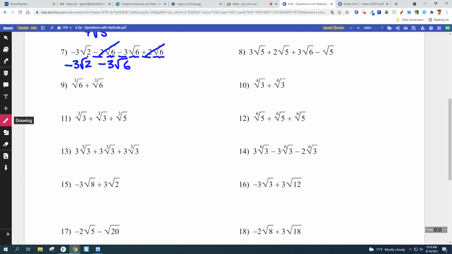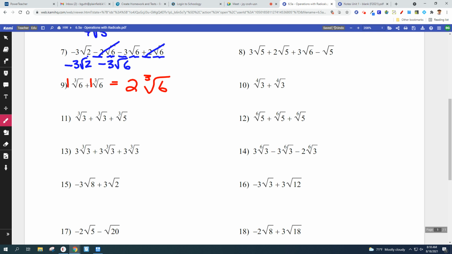Now, you've got cube root of 6 plus cube root of 6. Don't get bogged down in the numbers. It's just 1 of whatever this thing is plus another 1 of whatever that thing is. So it's 1 of something plus another 1 of something equals 2 of that something. It doesn't have to be hard. All you have to do is recognize that we're just putting them together.